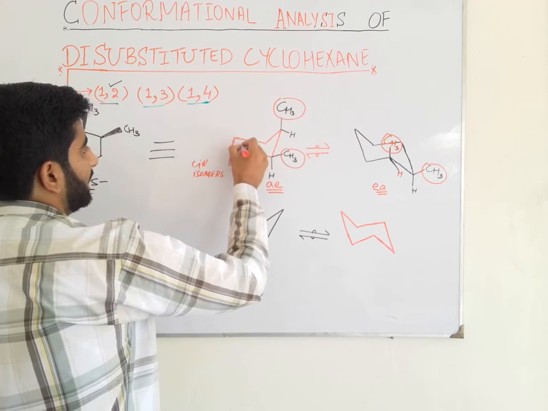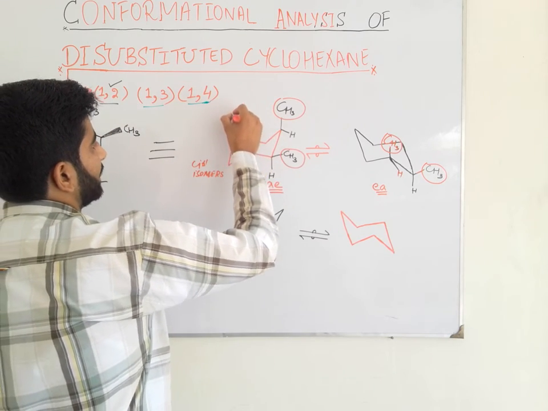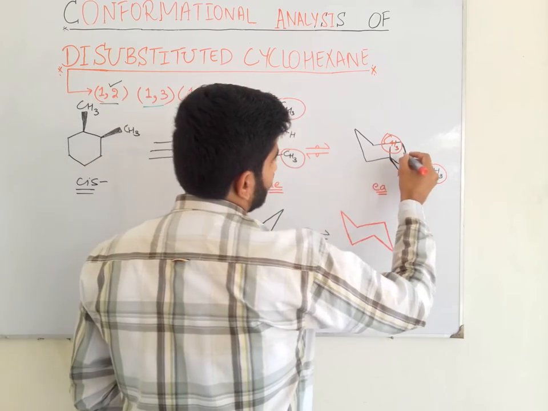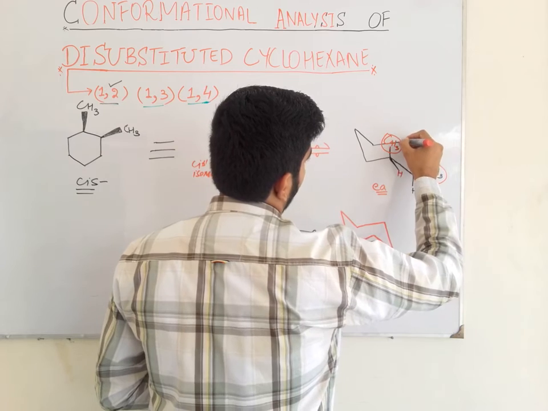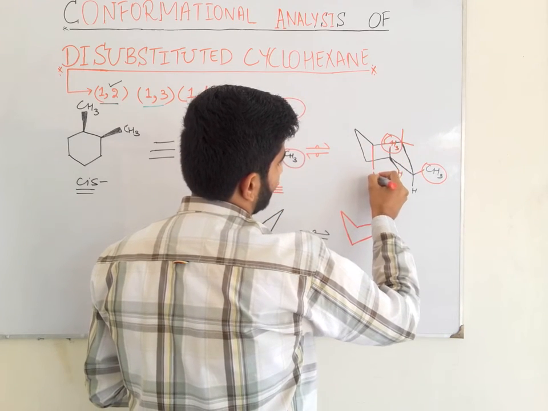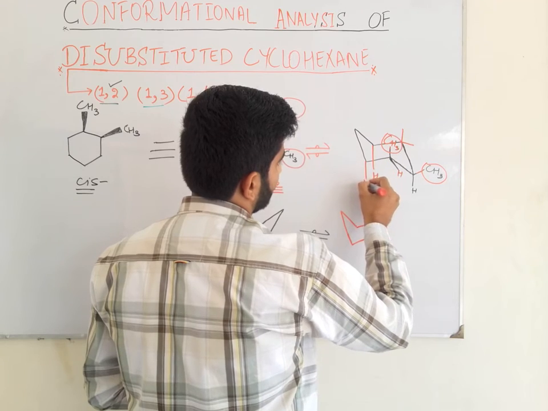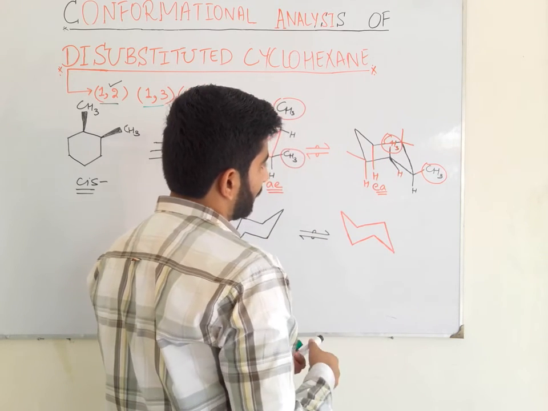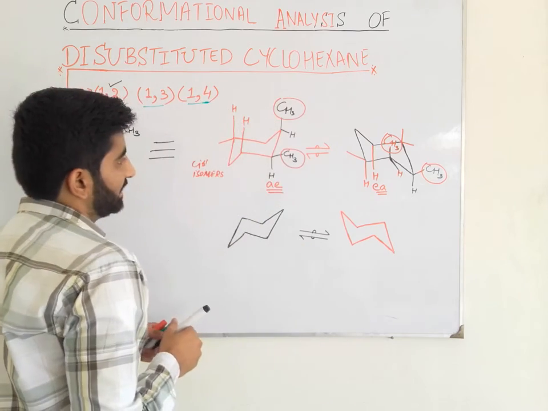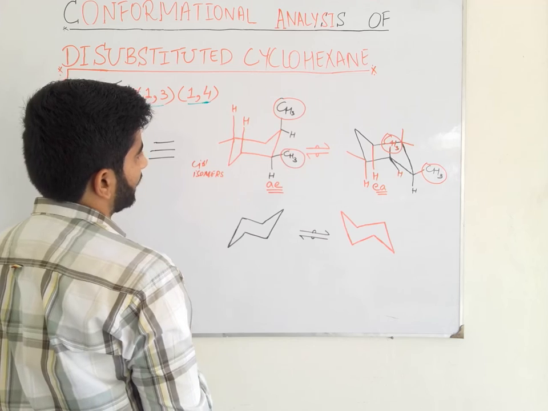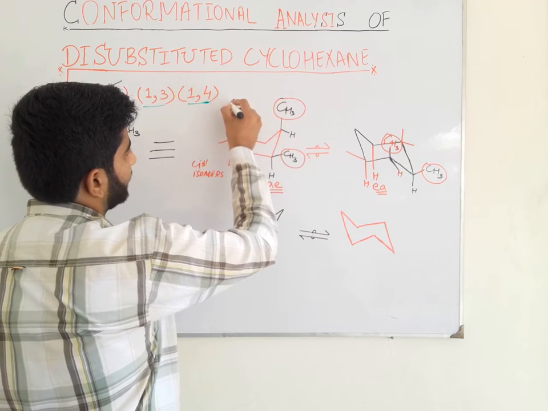We know that there is an axial hydrogen here, an axial hydrogen here. Similarly, there is an axial hydrogen here, an equatorial hydrogen here, an axial hydrogen here, and an equatorial hydrogen here. Now we see the stability. We know that the methyl group is a bulky group and these are the diaxial hydrogens.